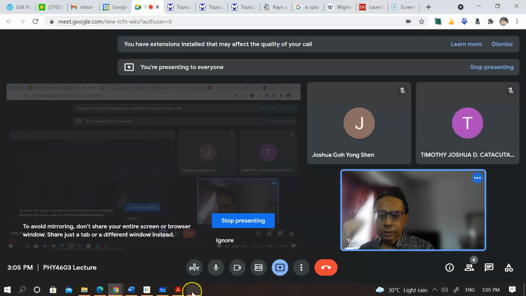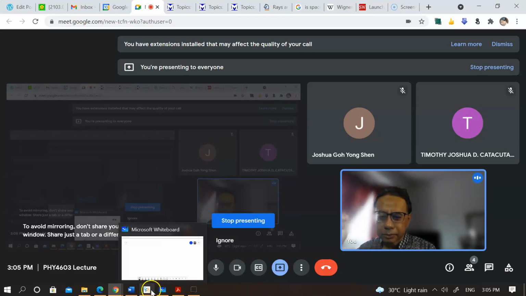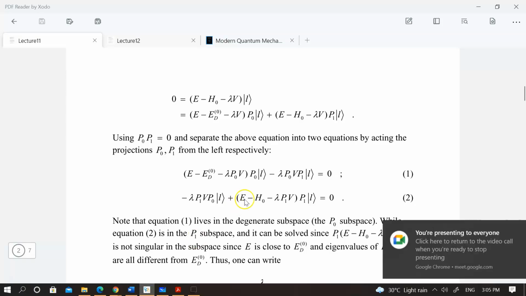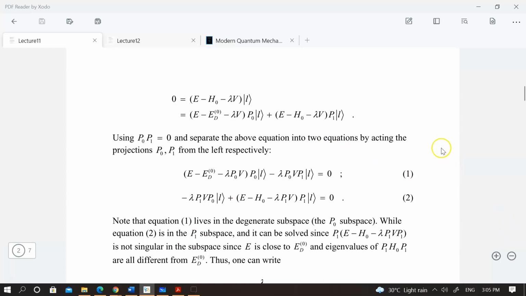Okay. Let me go back to what I mentioned just now. Before we go to lecture 12, which I've only partially finished the notes, let me go back to lecture 11 where we had this Schrodinger equation perturbed by this potential here.